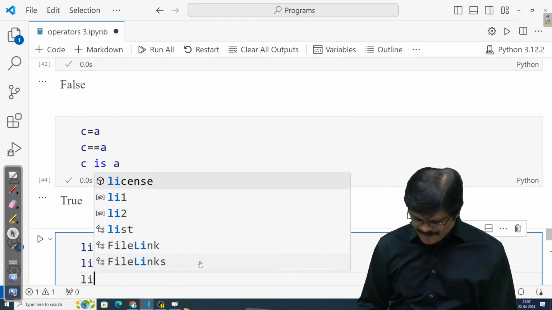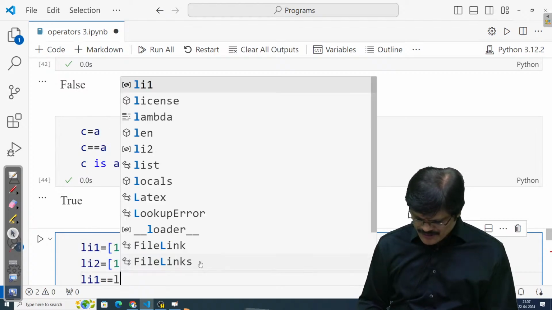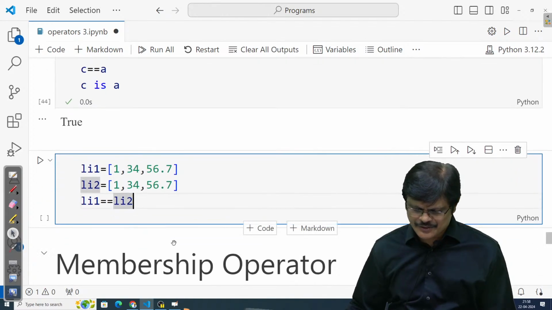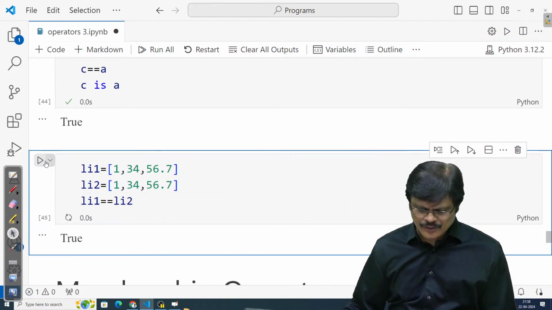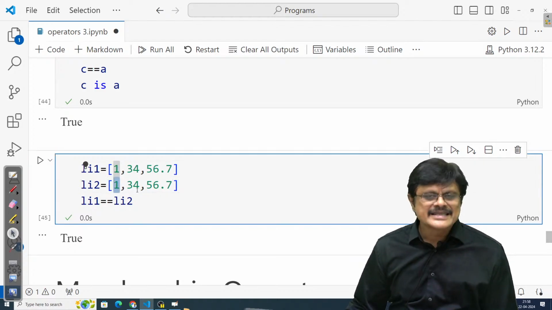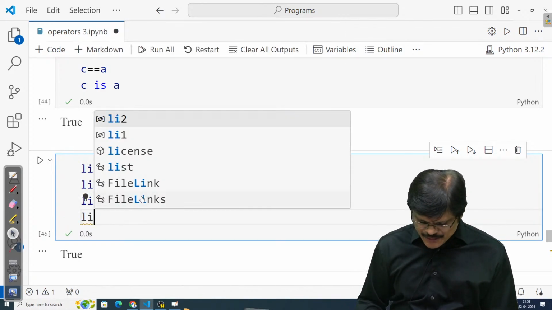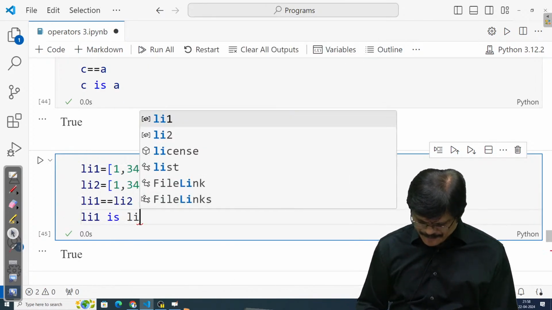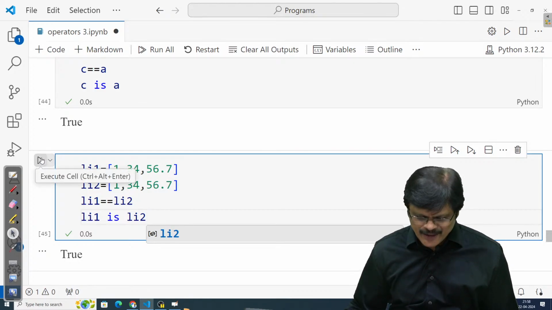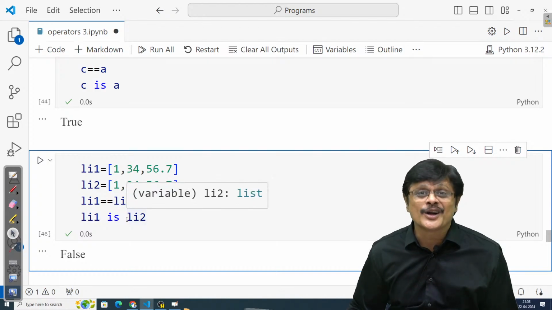I want to verify whether list 1 is equal to list 2. It will say true, because their content is the same. The values are the same. But if I say list 1 is list 2, it says false, because they are not the same objects.